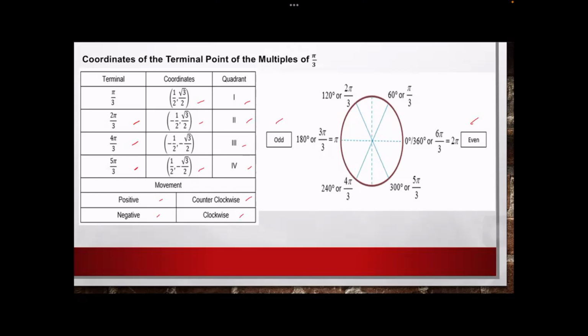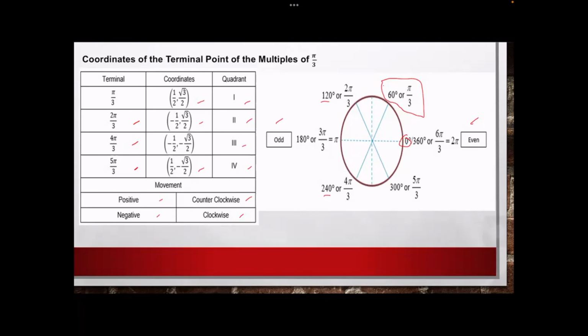So, from here, kung even siya, ito yung ating pi over 3. That's equivalent to 60 degrees. Yung 2 pi over 3, that is equivalent to 120. Ang 4 pi over 3 is equivalent to 240.